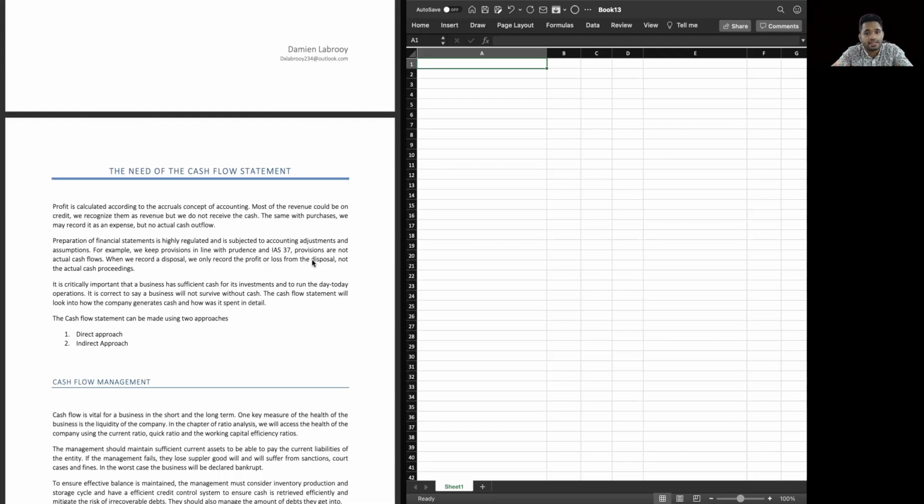Then for your operating cash flows and the investing cash flows to occur, you need to have financing. Financing can come from two sources. One is debt financing and the second one is equity financing. And when you say equity financing, that includes issue of shares. What you're looking at here is the share proceeds that you get from a share issue.